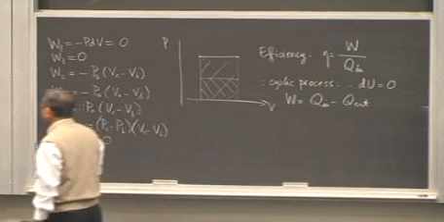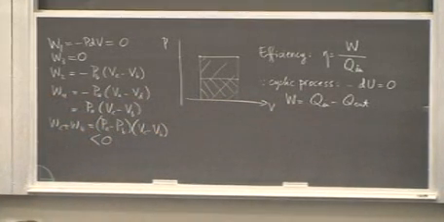Q in was equal to Q1 plus Q2, and Q out is Q3 plus Q4.